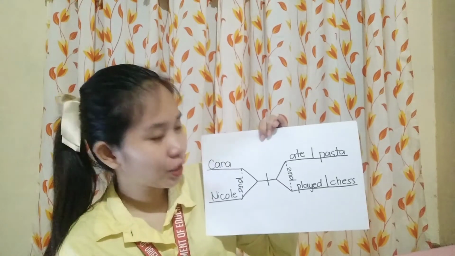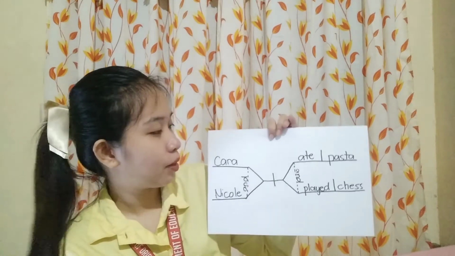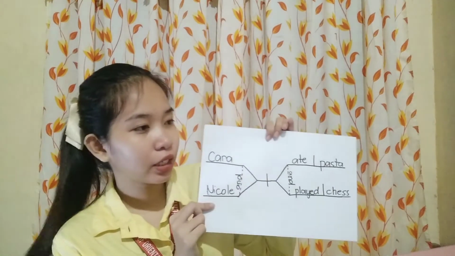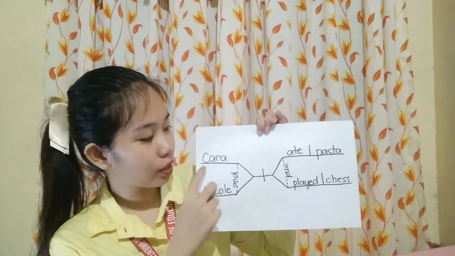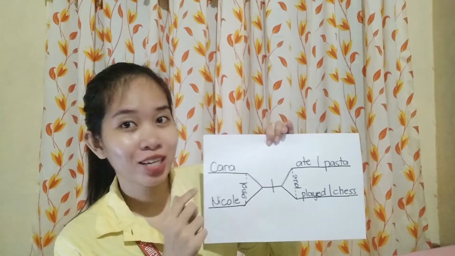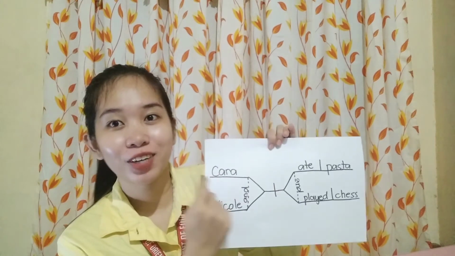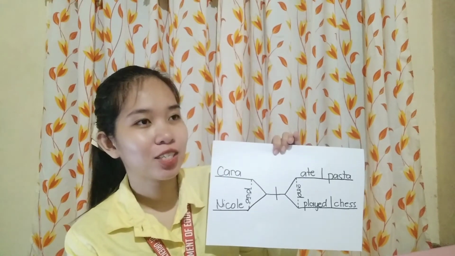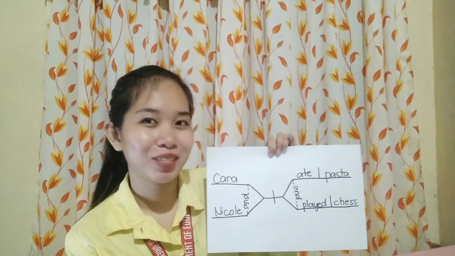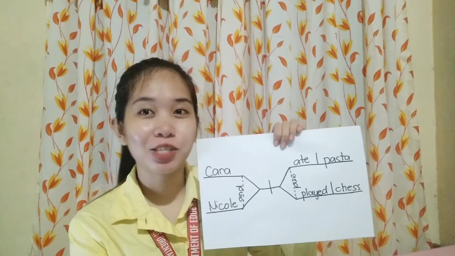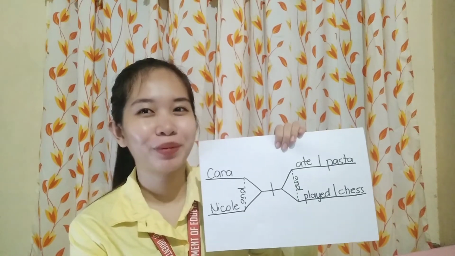And when you only have one simple subject, you will not be drawing such a line. You will draw the straight horizontal line, and you can just simply write your subject in there. This is how to diagram a sentence with compound subject and compound predicate.